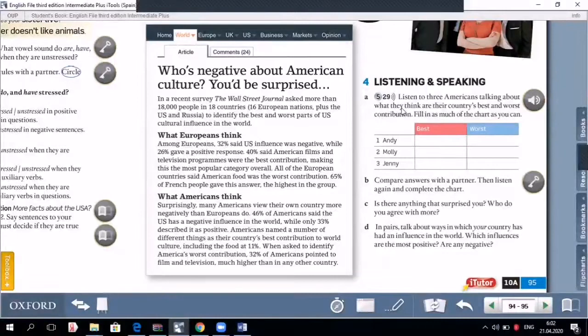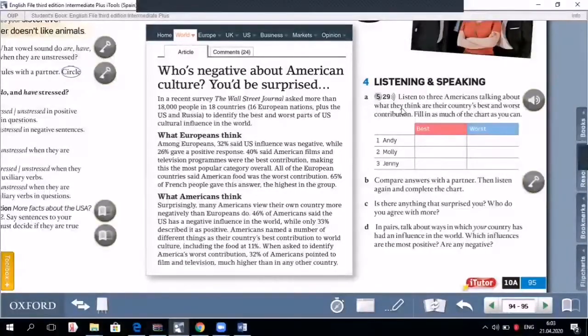What Europeans think? You see, 18 countries, 18,000 people were asked. It was a survey. Among Europeans, 32% said US influence was negative, while 26% gave a positive response. 40% said American films and television programs were the best contribution, making this the most popular category overall.